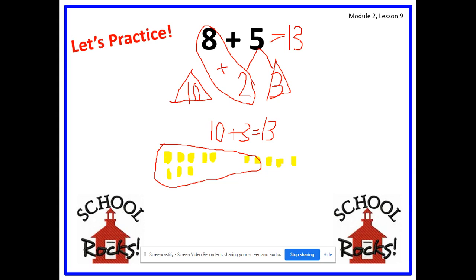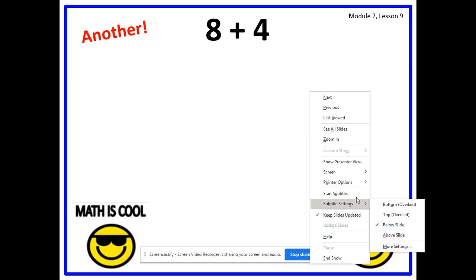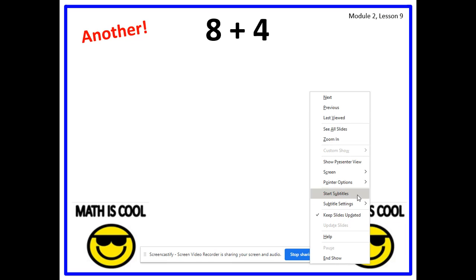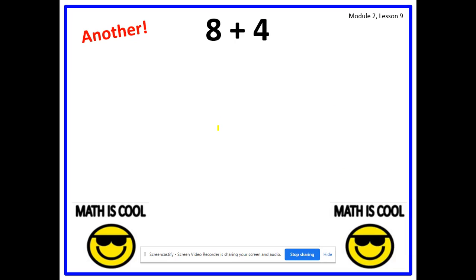Go ahead and erase your whiteboards at this time, or find the next blank space on your paper. Ready? Here we have 8 plus 4. Go ahead and write it. Now, we're going to go ahead and draw our parts.